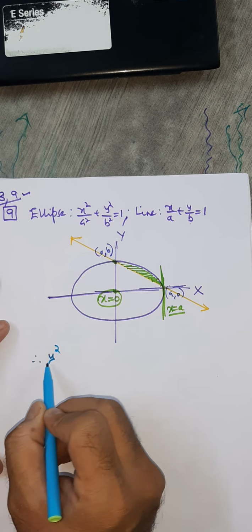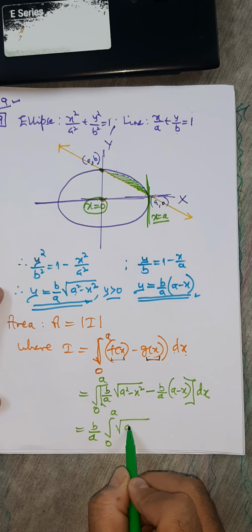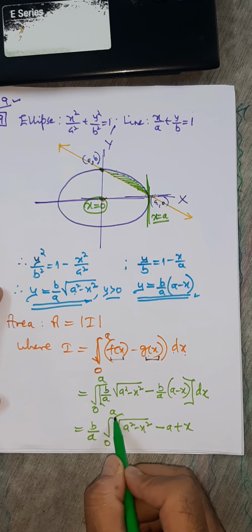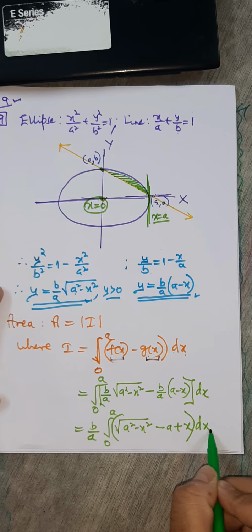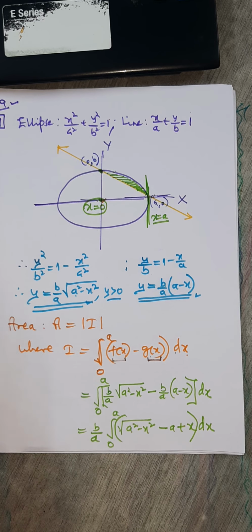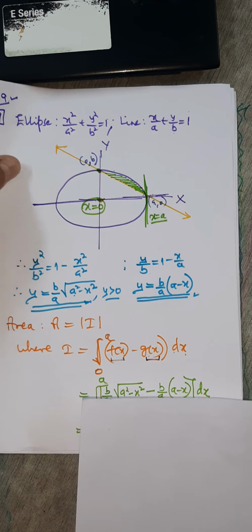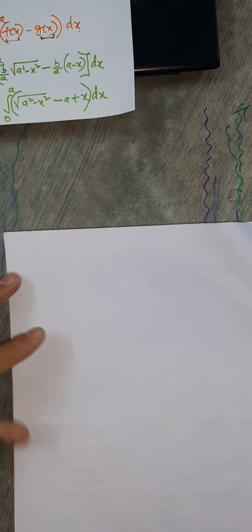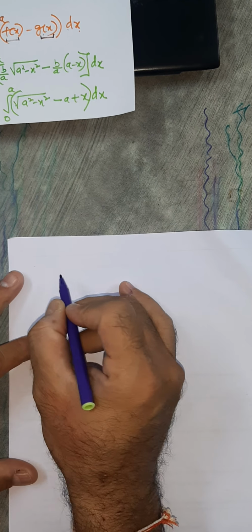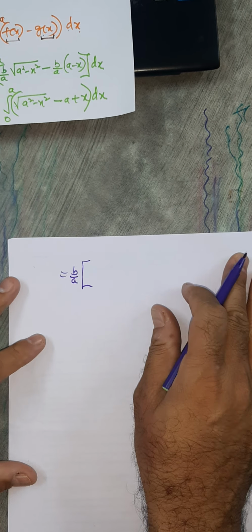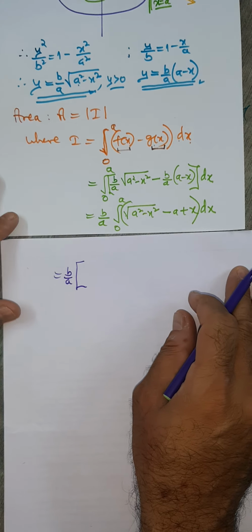So what will we get inside the integral? 0 to a, root of a squared minus x squared minus a plus x. Okay, now I'm just integrating this, which is a very well known standard integral. Again, not a big task for you, you can also do it. Try yourselves and then compare with your answer here. b by a outside as it is. You know root of a squared minus x squared is a very standard formula.